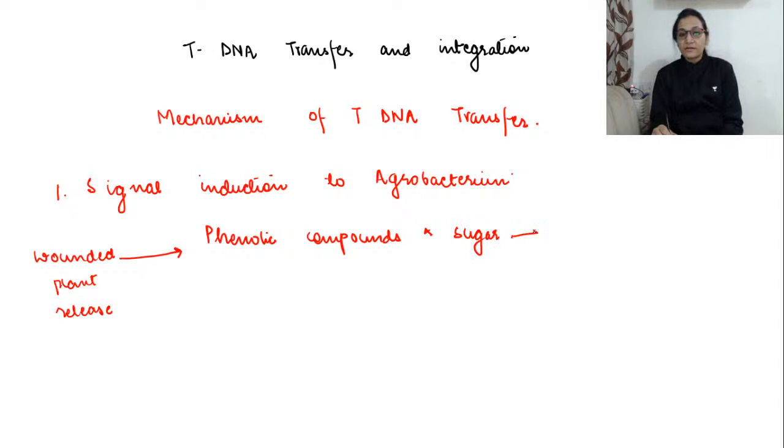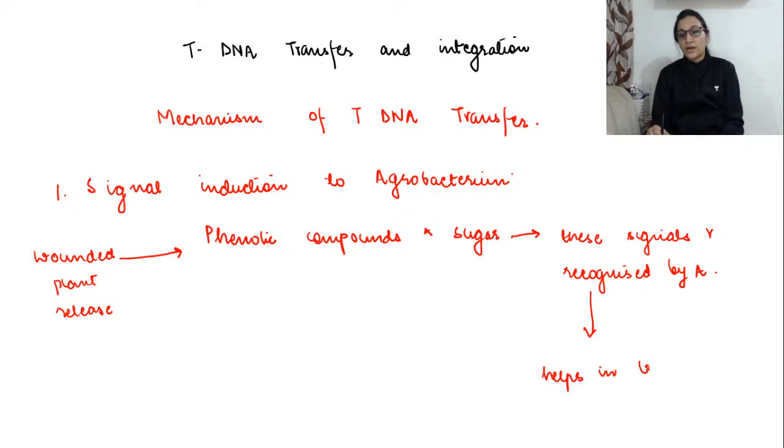These signals are recognized by agrobacterium, and the signal induces biochemical events in the agrobacterium, which ultimately lead to tDNA transfer. These signals are recognized by agrobacterium tumefaciens and help in the transfer of tDNA. This is the first step, that is the signal induction.